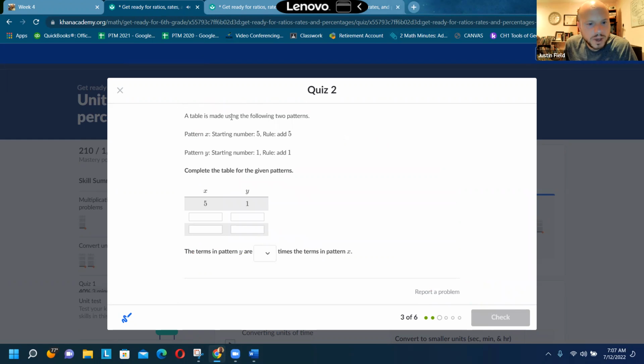Okay, a table is made using the following 2 patterns. Pattern X, starting number 5, rule, add 5. Okay, so that would be like this, starting at 5, and then you add 5, right?